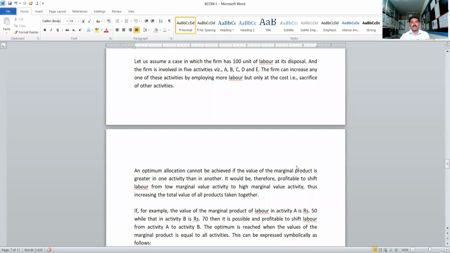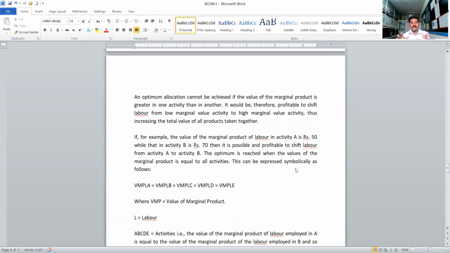An optimum allocation cannot be achieved if the value of the marginal product is greater in one activity than in another. It would therefore be profitable to shift labor from low marginal value activities to high marginal value activities, thus increasing the total value of all products taken together.